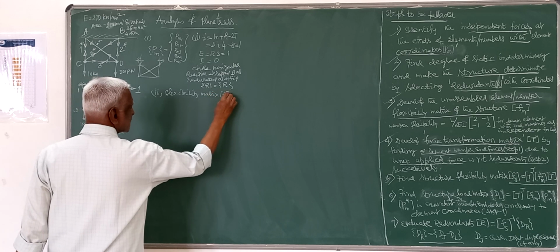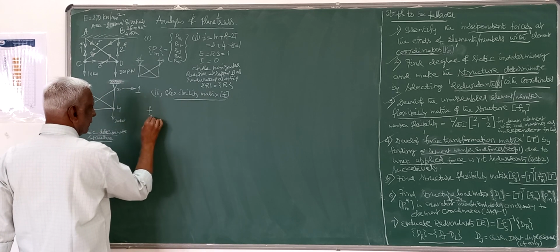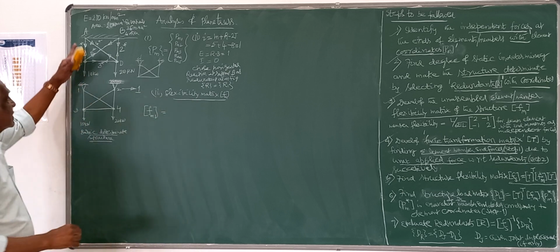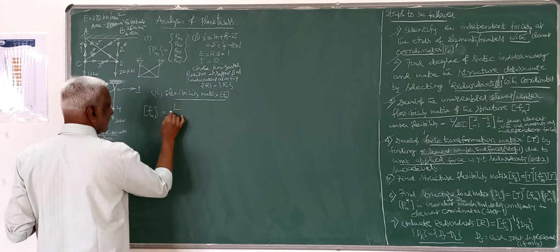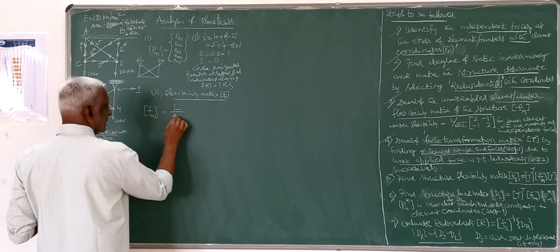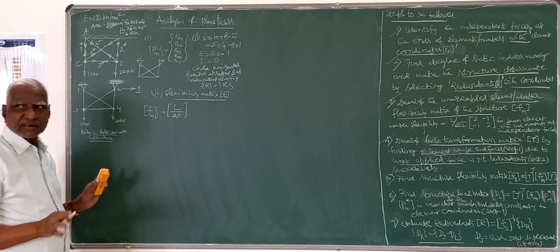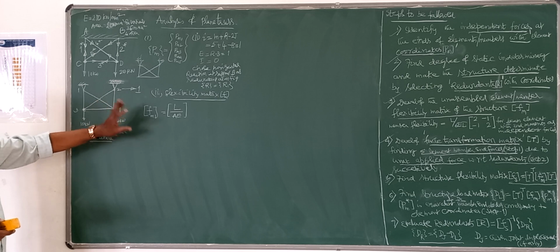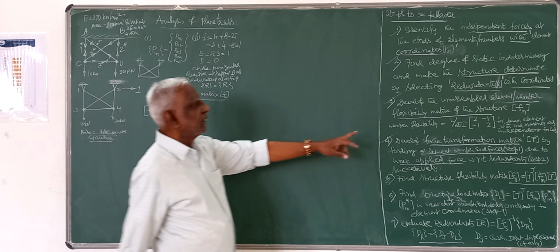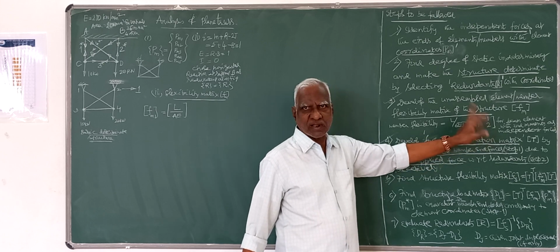So here, as you know already, the member flexibility matrix of any member, there are 5 members, any member if you take, the flexibility matrix is given by L by AE. It's as simple as that, because there is only one force, member element flexibility matrix is L by AE. For a beam member, it is L by 6EI, 2 minus 1 minus 1, 2.